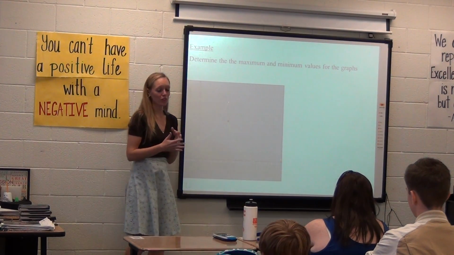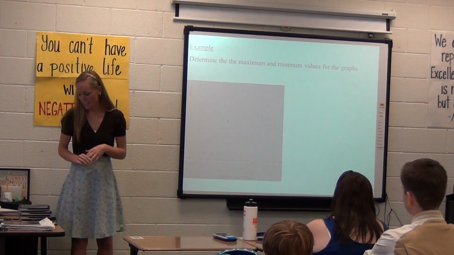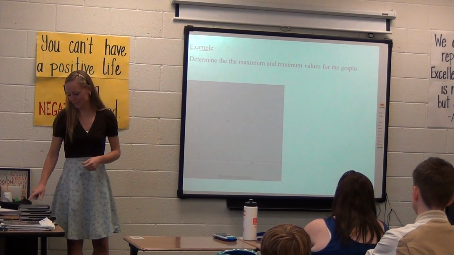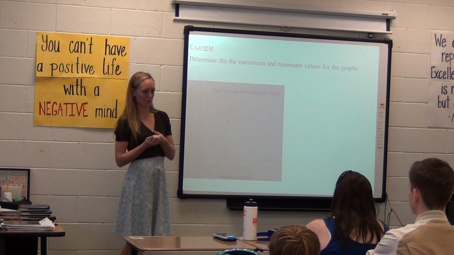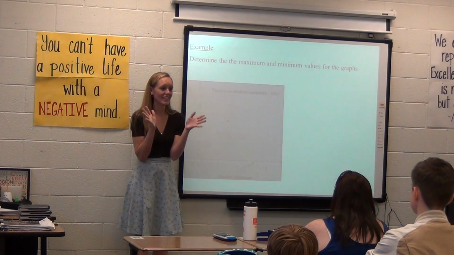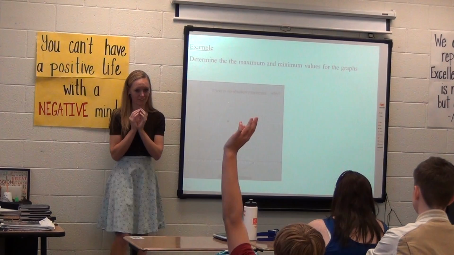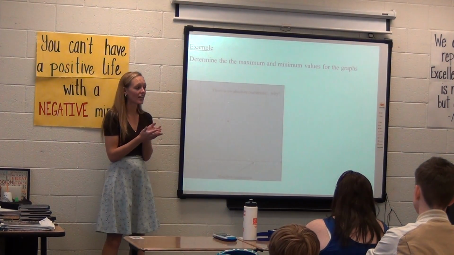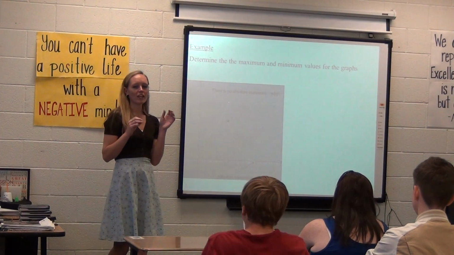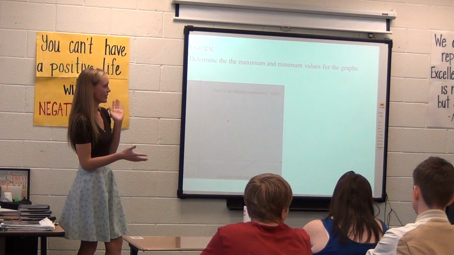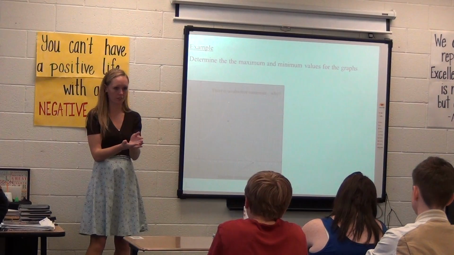Okay, so for this graph here, why is there no absolute maximum value? Because there's a discontinuity. Because it's not a continuous function. So we only have to have these two things if it's continuous, if it's on a closed interval.